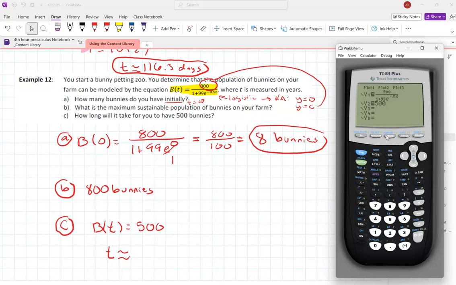Just copying down the equation that was given to me and then typing in 500. What's up, Maria? Did you do the bottom? So I pressed alpha and then y equals. That gives me the option to pick the horizontal fraction bar. Yes. So I just copied in the model that was given to me in the problem.